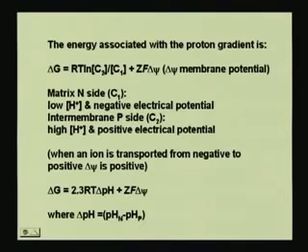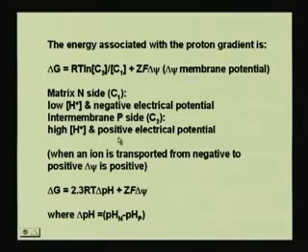Now, the matrix side is the N side that has a low proton or low hydrogen ion concentration, and a negative electrical potential. The intermembrane side, which is the C2 concentration in this case, has a high proton concentration and has a positive electrical potential.